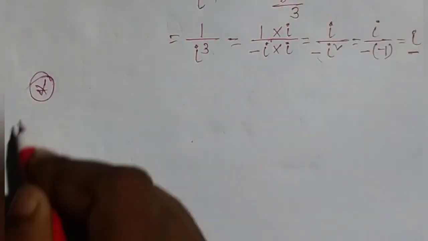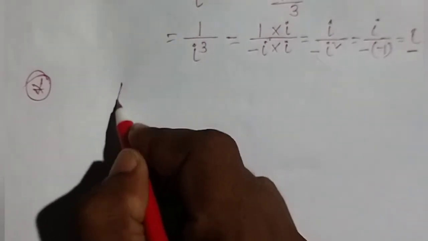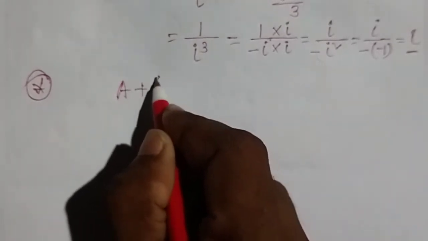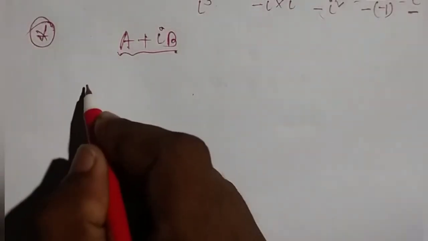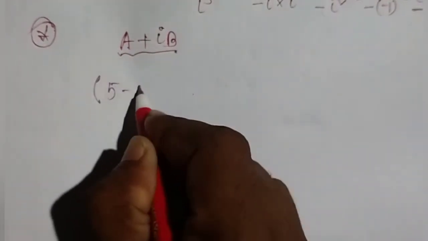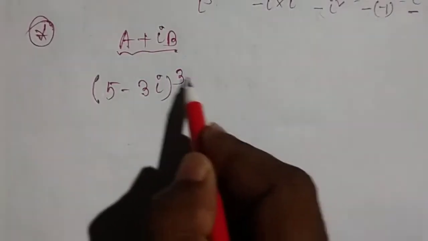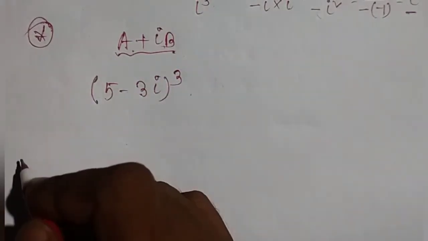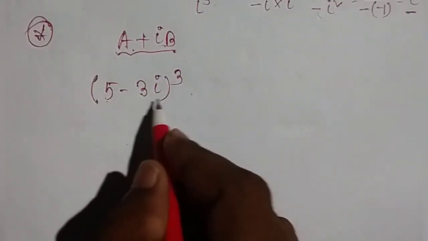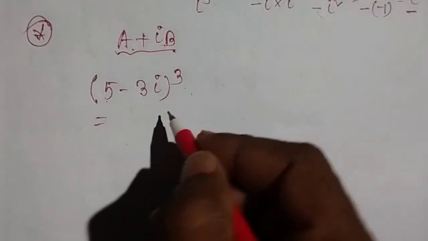Now the next topic is express a complex number in the standard form a plus ib. So here is a problem, 5 minus 3i whole cube, and you have to express it in the form a plus ib. Okay, so this is the form of a minus b whole cube, so just write the form of a minus b whole cube.